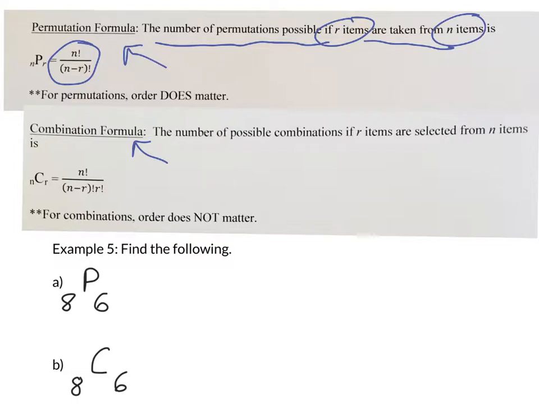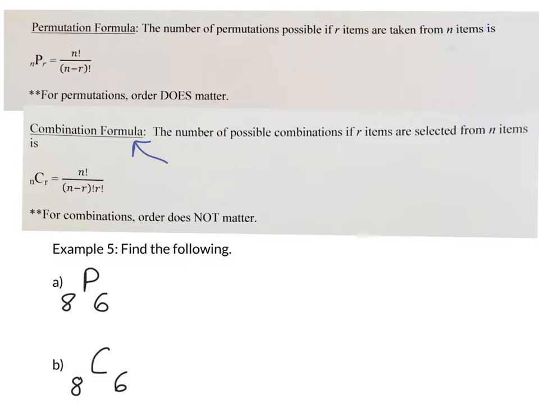However, you don't have to use this formula because there is a button, yay, on the graphing calculator where this formula is already programmed in there, ready to go. So I'm going to use the graphing calculator. Please note that the N and the R are subscripts beside that capital P. So the capital P stands for permutation, and then the N and the R are purposely written below the P.